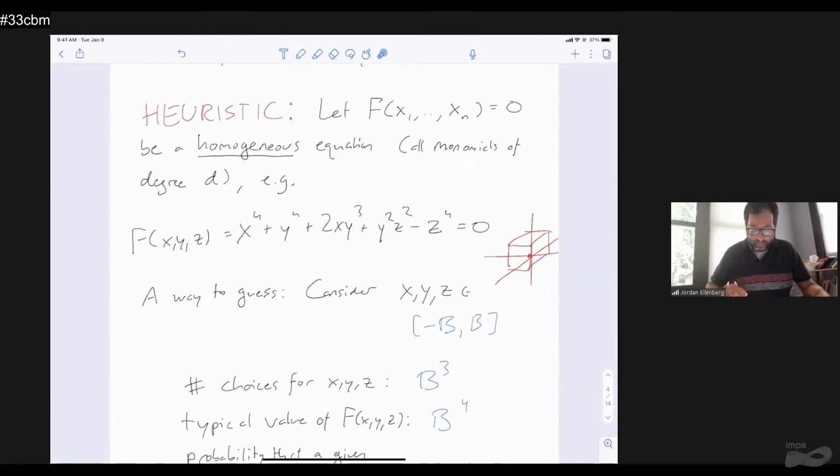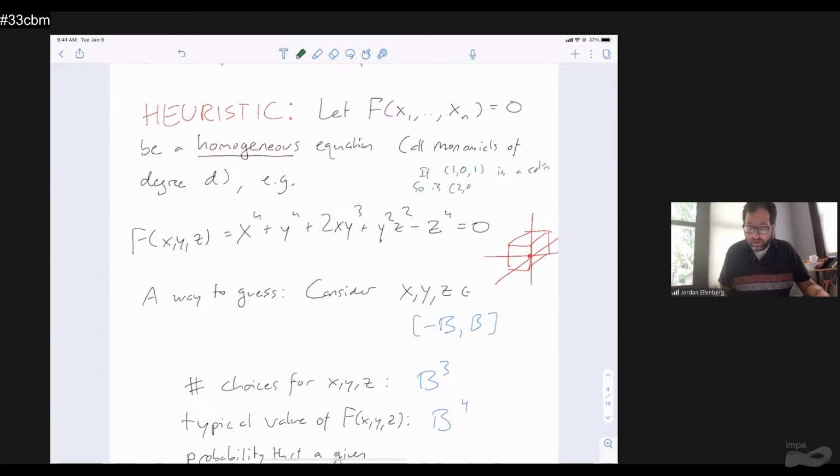Warning: let's say 1, 0, 1 is a solution. Oh, and it is, good. See, I was able to think of one on the fly. X equals 1 and z equals 1, the x to the fourth and z to the fourth cancel out, and then y equals 0 kills the rest of the terms.